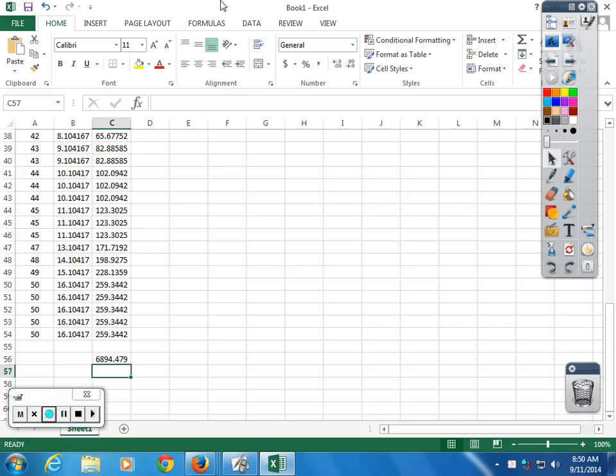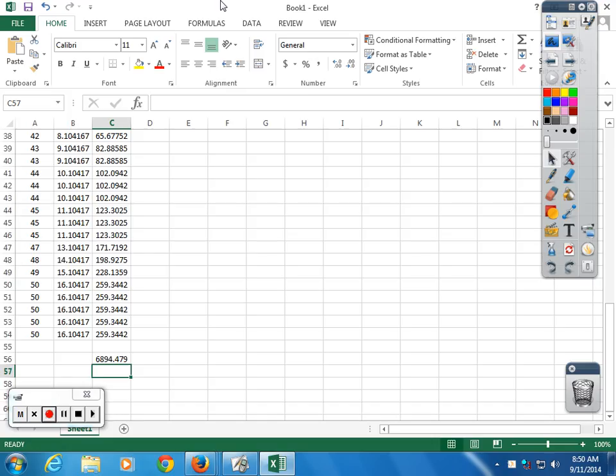All right, I'll write it on the board. The mean we've already found. The mean is 33.9. And our standard deviation is equal to the square root of the summation of x minus x bar quantity squared over n minus 1.